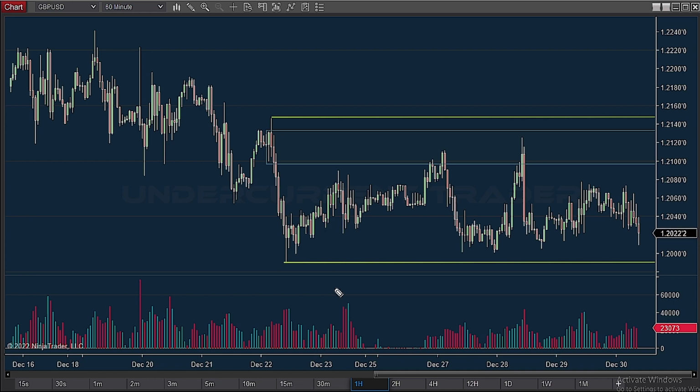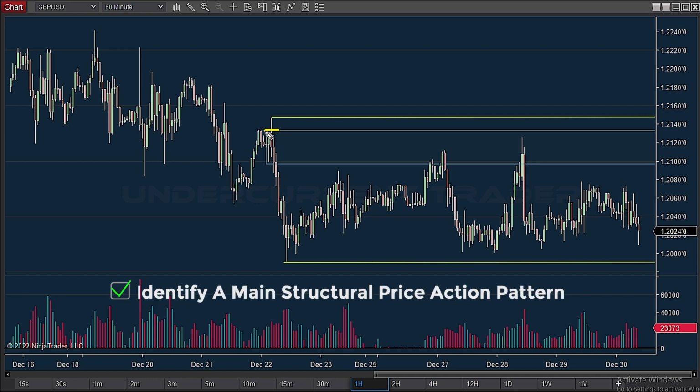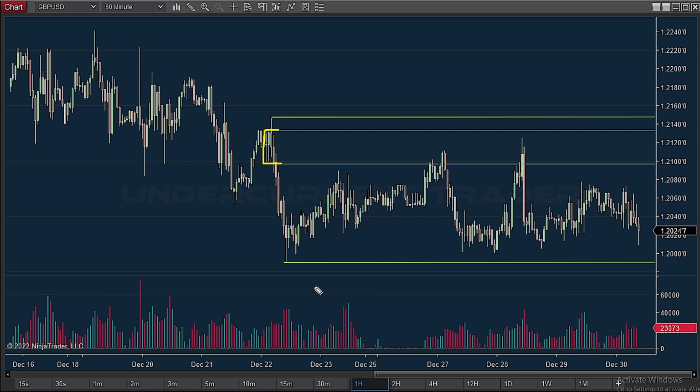The second step of the sideways trading strategy would be to identify a structural price action pattern. Following the mapping out of the range, this pattern can give you an even greater insight into the potential trajectory of the price.